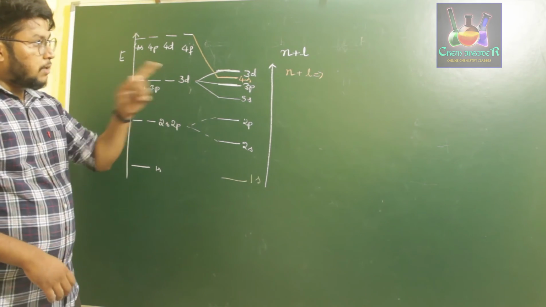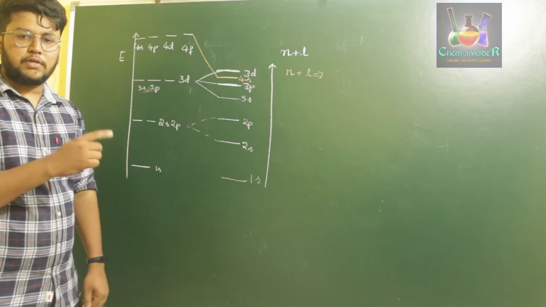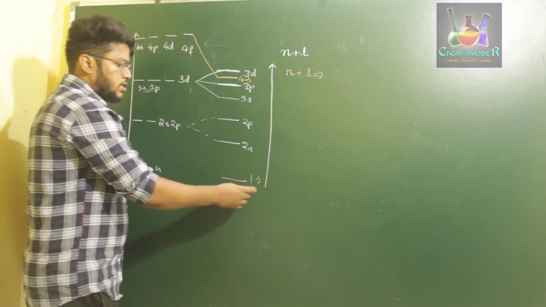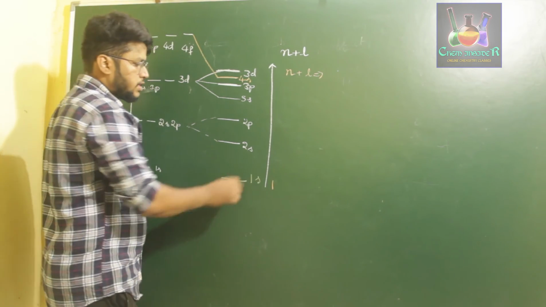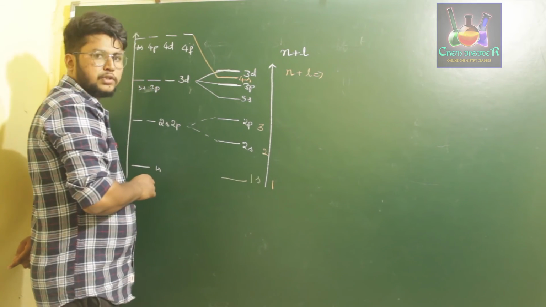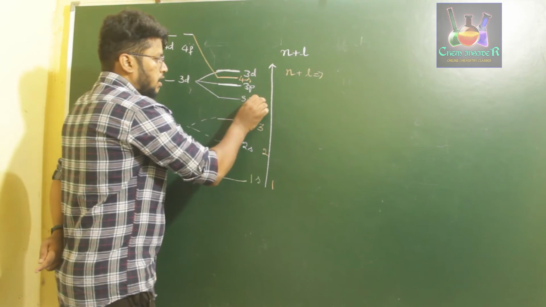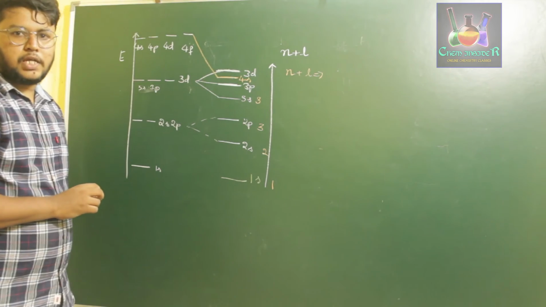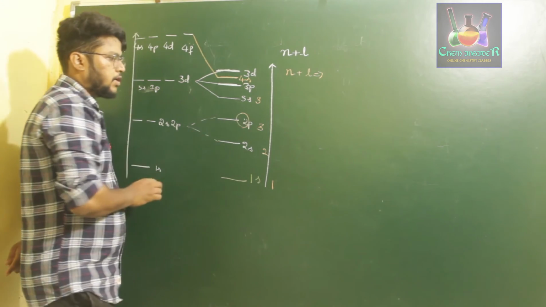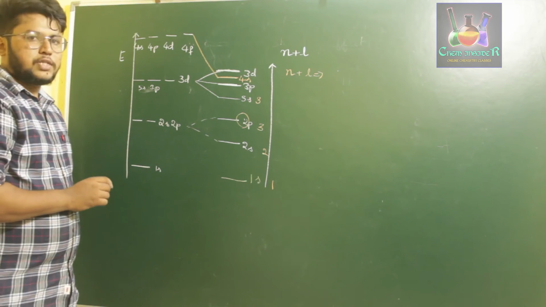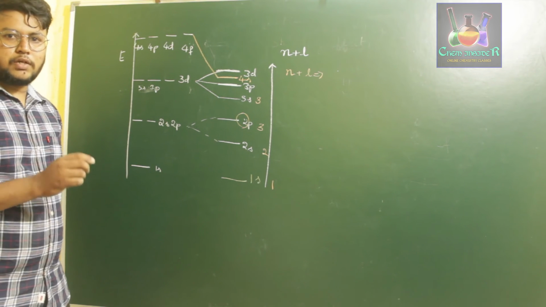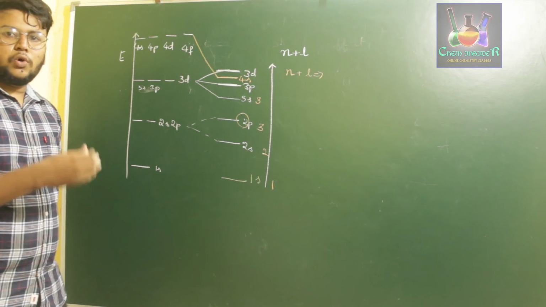If you have doubts about the n plus L values, I have written down this table in the previous video, so go check it once again. For 1s the value was 1, for 2s the value was 2, for 2p the value was 3, and for 3s the value was 3 again. But if we have the same n plus L value, you need to consider the orbital with the lesser n value as the lower energy level.